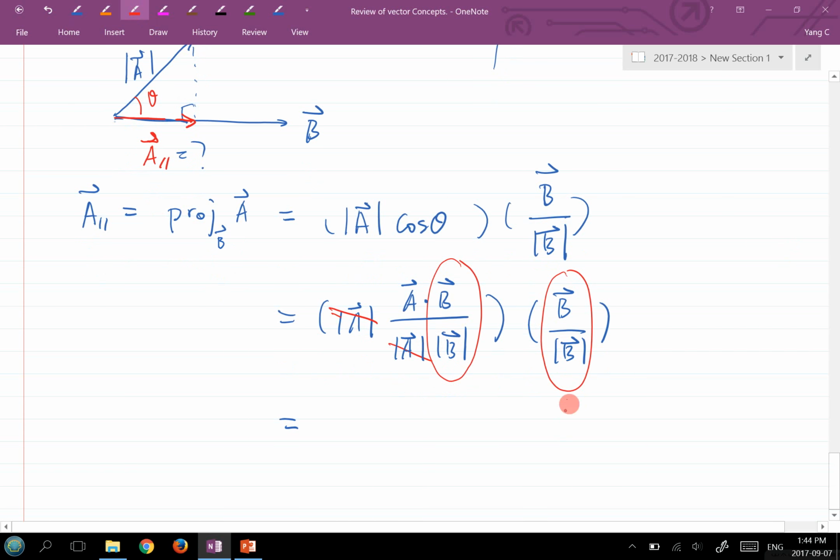This is B hat, right? And what's the symbol for this one here? B hat. And then we keep the A here. So A dot B hat times B hat. And that's the solution here. So after going around the clock, we got an expression for the projection A parallel, which equals this.